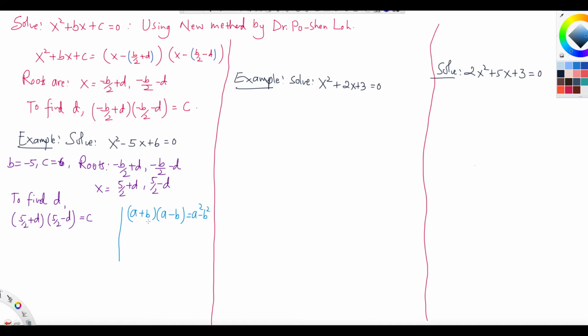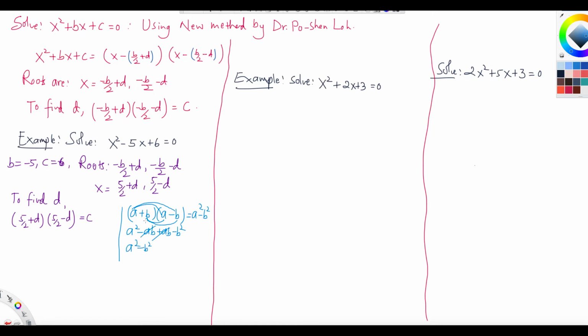Basically, you use the FOIL, right? a times a is a squared, and then a times negative b is minus ab, and then next is b times a, which is positive ab, and then b times negative b is minus b squared. So you cancel positive ab and negative ab. What is left is a squared minus b squared.